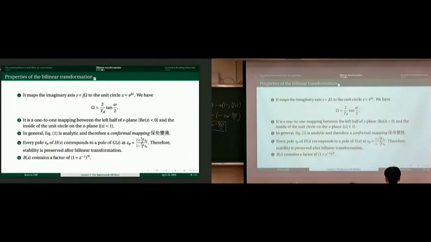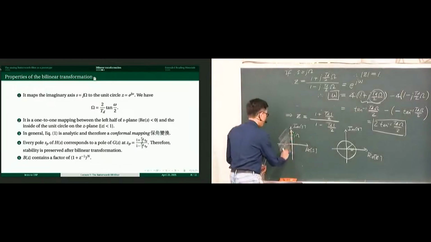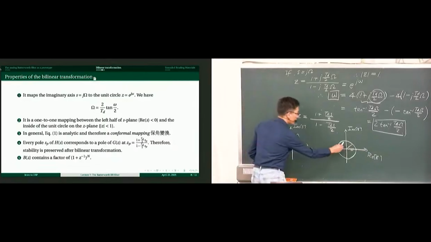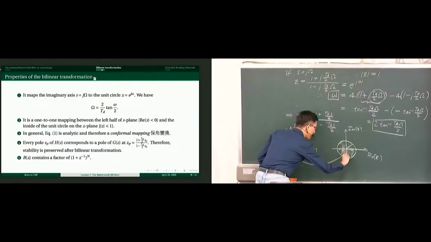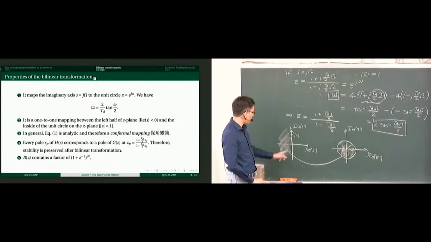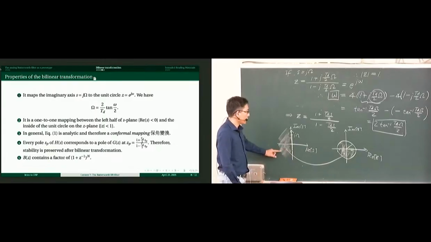The entire left half plane is mapped to the inside of the unit circle, okay? And you can also show that. But intuitively, this is a nice property about orientation of a contour. Okay? I say orientation of contour.